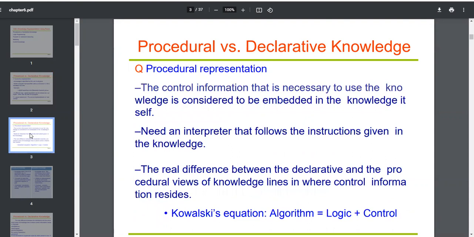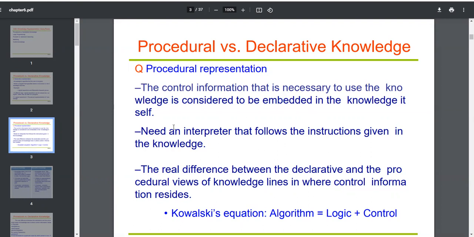Now, what is procedural knowledge representation? In procedural knowledge representation, in addition to the knowledge, what we have is called control information. That is, we have rules and procedures added that indicate how we are going to utilize this knowledge. The control information that is necessary to use the knowledge is embedded inside the knowledge itself.